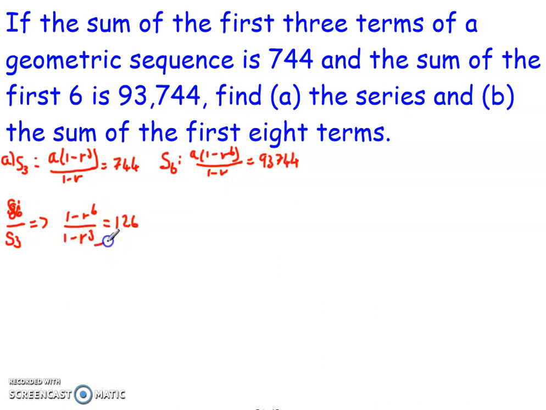What I can then do is multiply this up and over, and I'll end up with 1 - r^6 equals 126 - 126r³. So what I've done is I've got rid of the denominator.